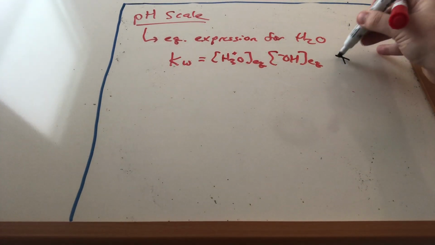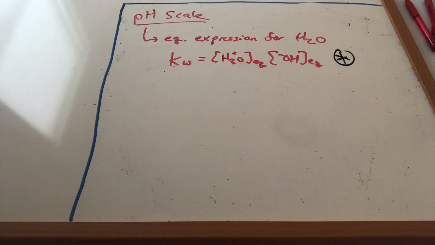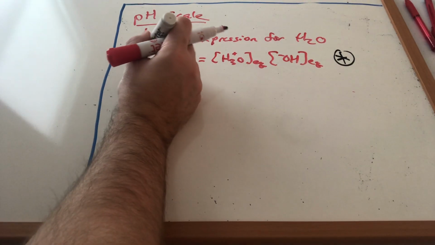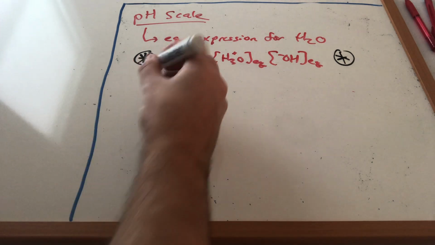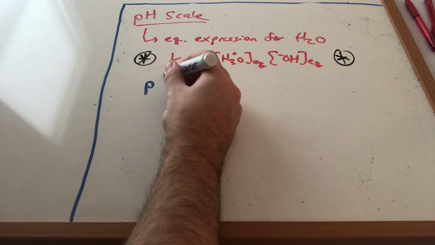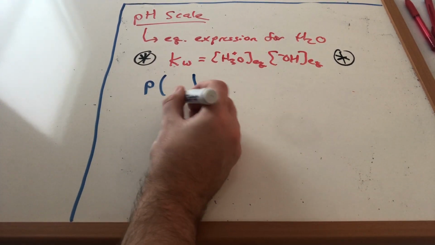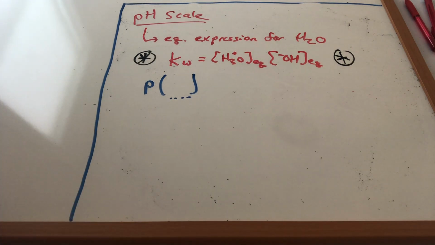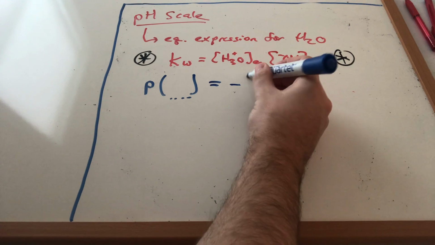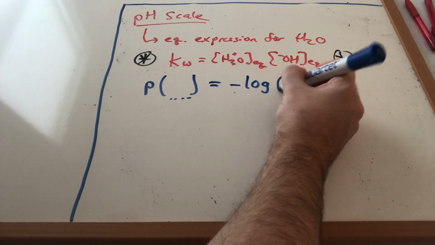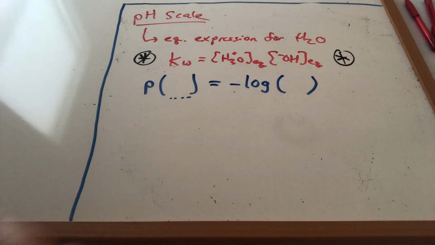So what we do is we invoke this mathematical operation that we're going to signify with a small p. Whenever we see a small p, and we'll see it in a couple of different ways, when you do a p of anything, and you can do it to any number you want, what p means is the negative log of whatever that is.